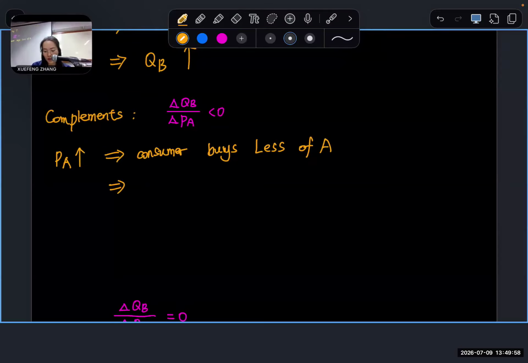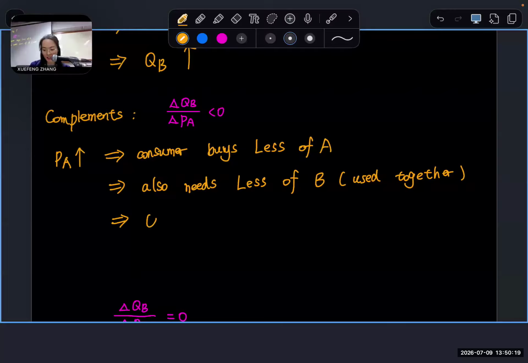That means they also need less of B, because we use them together. The consequence is that the quantity demanded of product B will decrease. So you see one increases, another decreases. That means they move opposite, which is negative.